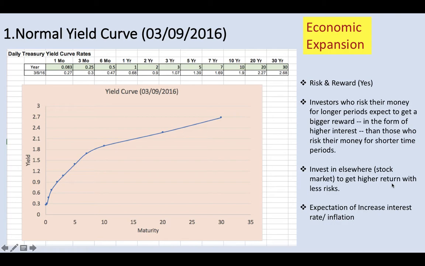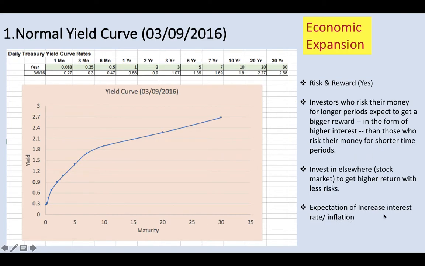They can get a higher return with less risk in those situations, so there is less demand for long-term bonds. If they want to buy the bonds, they require the bonds to pay a higher yield. In a good economy, they demand a higher yield because you don't need to shorten your risk when the market is good.